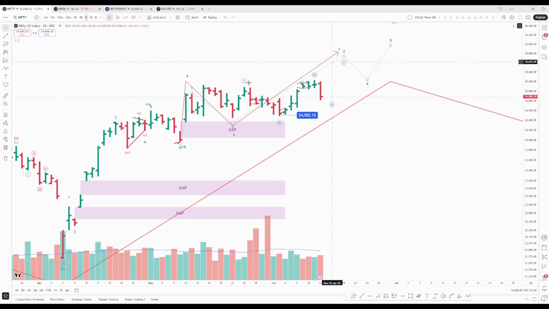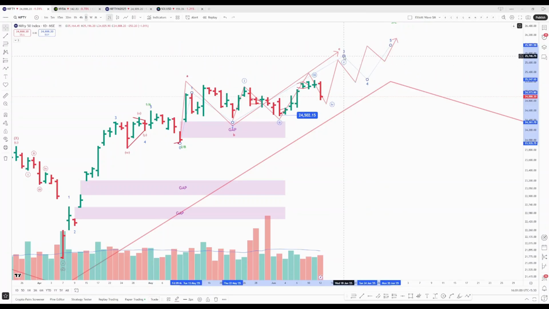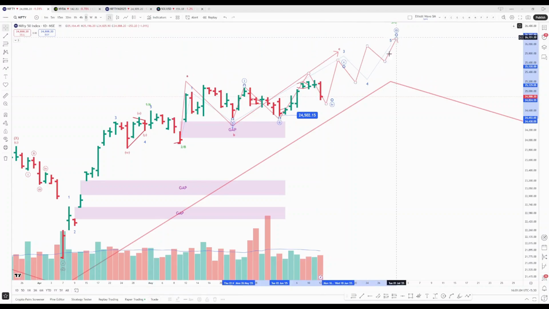So basically what is happening is this might evolve into something like 1, 2, 3, 4, 5, 6, 7, 8 and 9. And that's when this 3, which we thought would complete, will complete here.